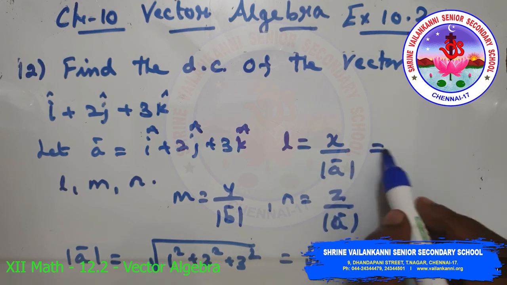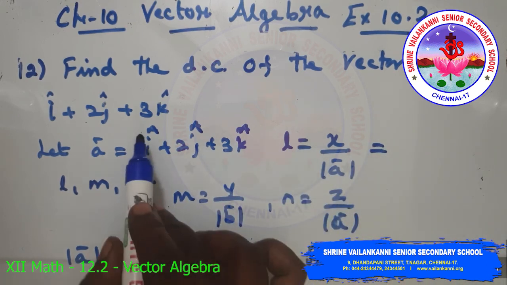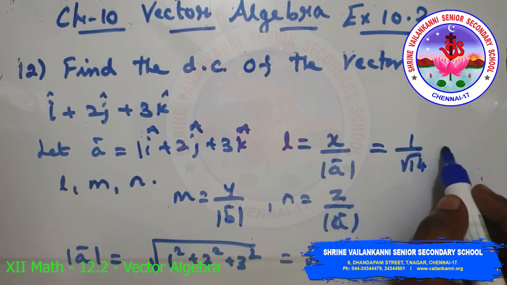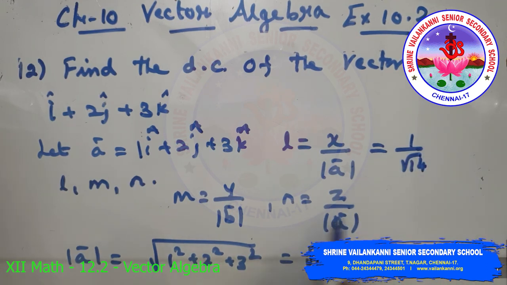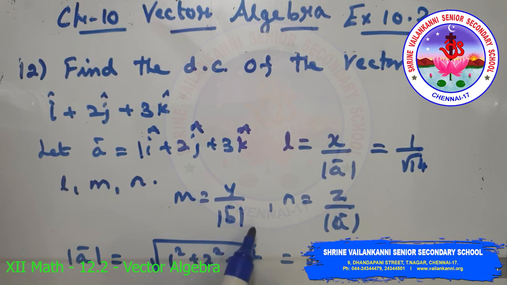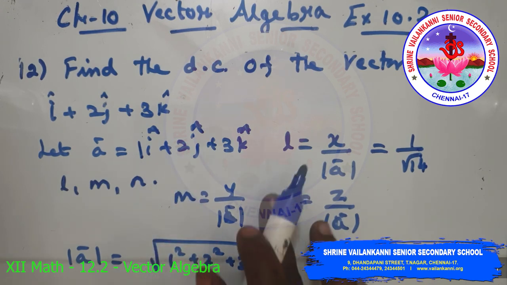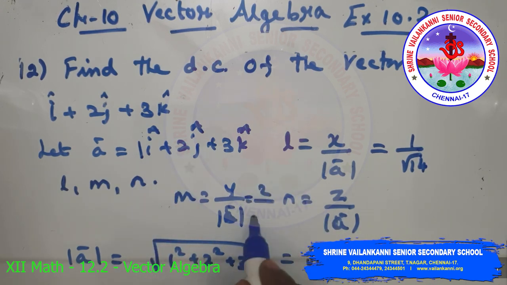So l equal to, here x is the coefficient of i, which is 1. So 1 by root 14. And m is y by magnitude of a, which is the coefficient of j, 2 by root 14. So m equal to 2 by root 14 and n equal to z by root 14.